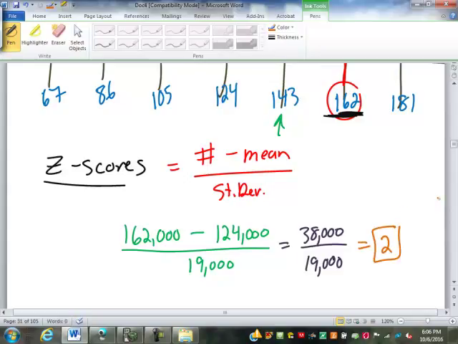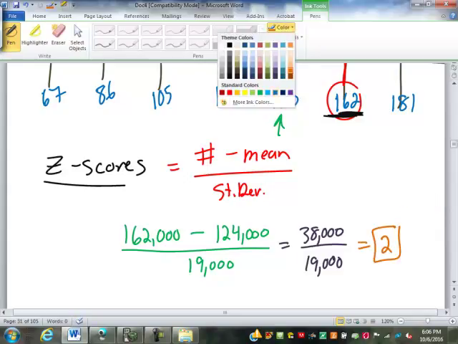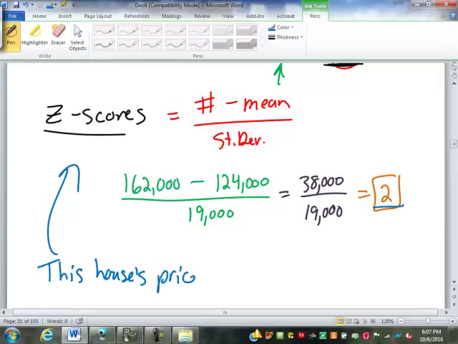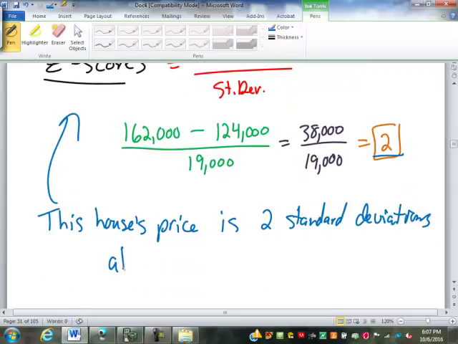It's a 2 or a positive 2. What is that telling us? That is telling us that this house's price is 2 standard deviations above the mean for that area.